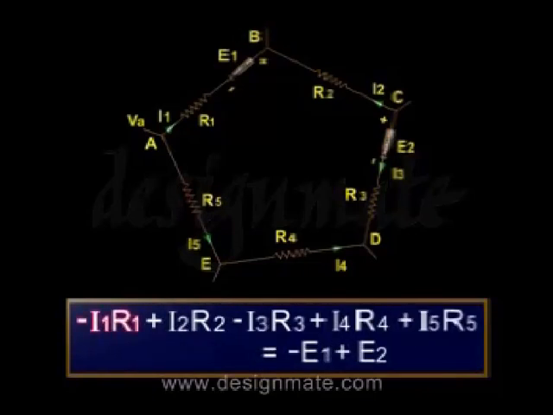Therefore, minus I1R1 plus I2R2 minus I3R3 plus I4R4 plus I5R5 is equal to minus E1 plus E2.